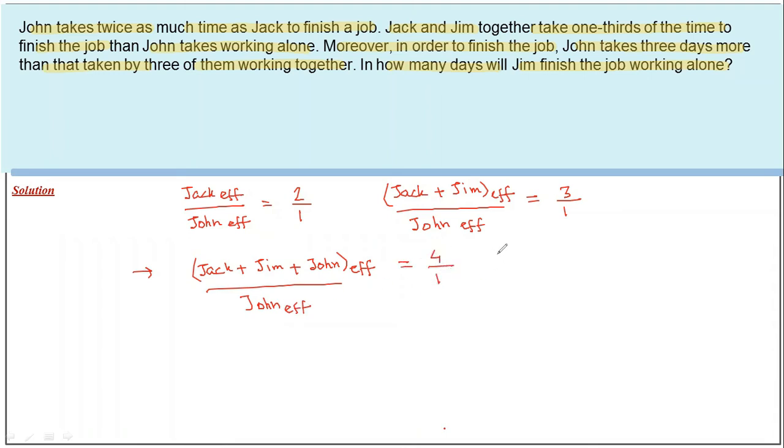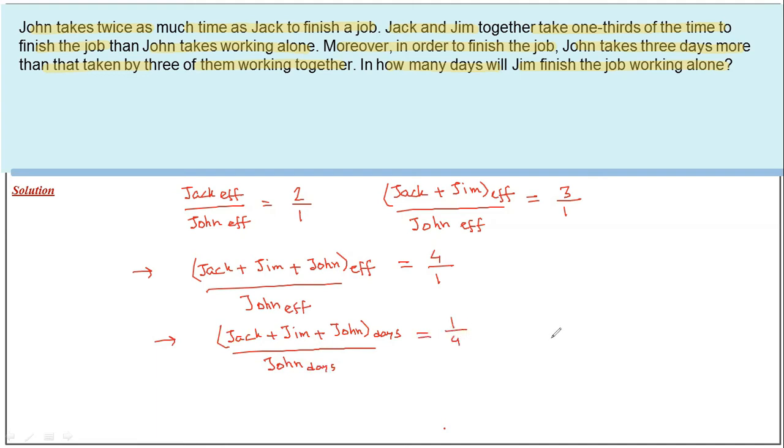So that means Jack plus Jim plus John, ratio of the days taken by them to the days taken by John would be 1 by 4.